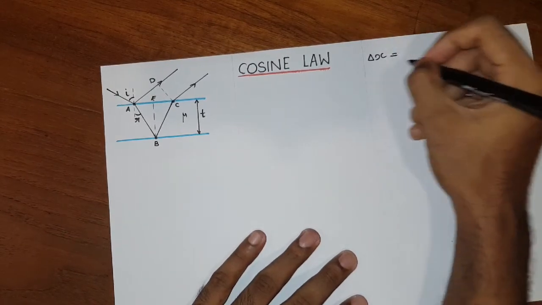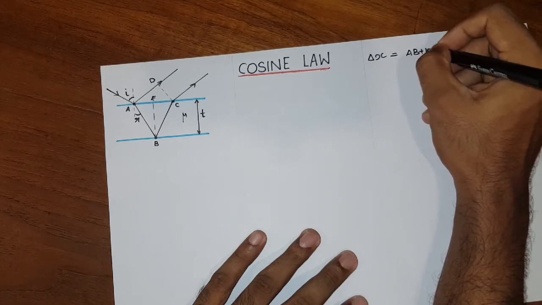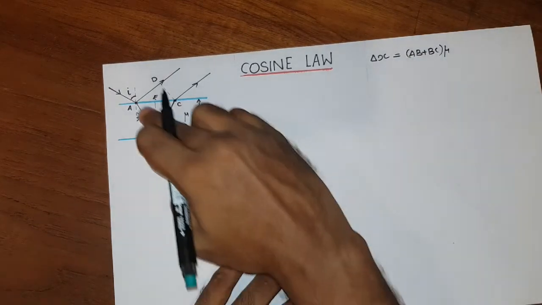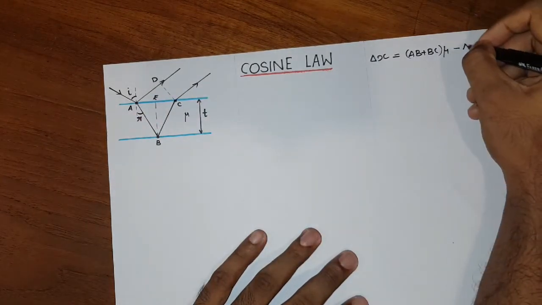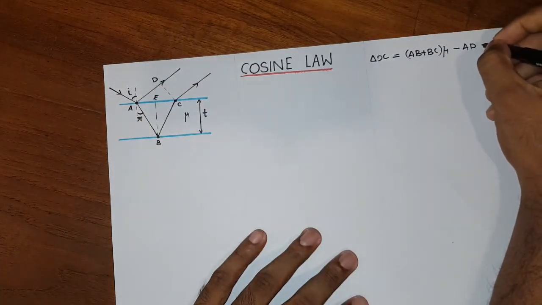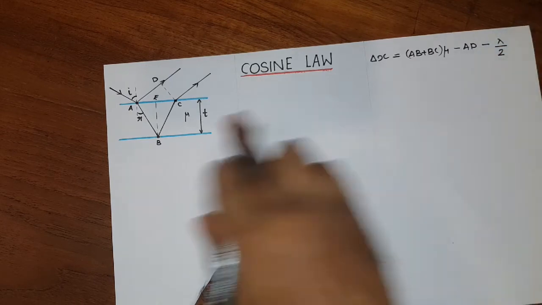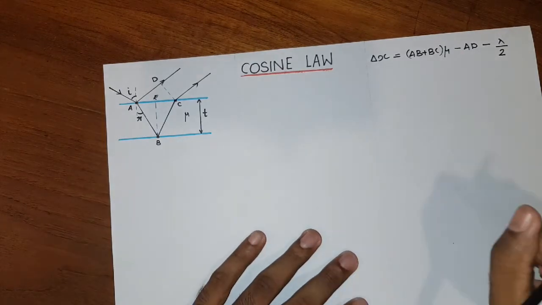Path difference was AB plus BC into mu. What is that? That is the optical path traveled by the second wave, minus AD, that is the optical path traveled by the first wave, and in addition to that we have to adjust lambda by 2 due to the phase change due to the reflection at this denser surface.